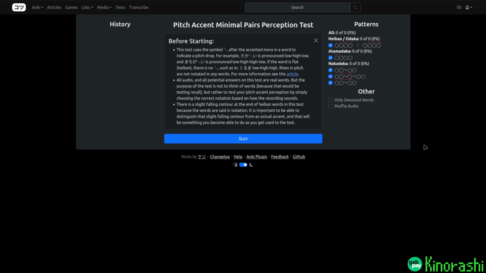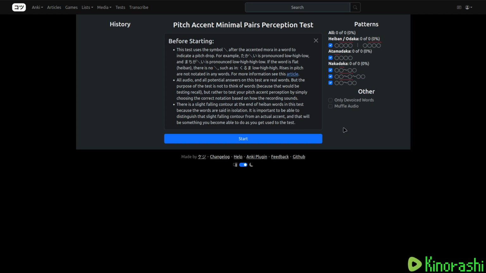Almost all of the atamadaka verbs have only two moras. Most non-negative forms of atamadaka verbs are also atamadaka. Miru.